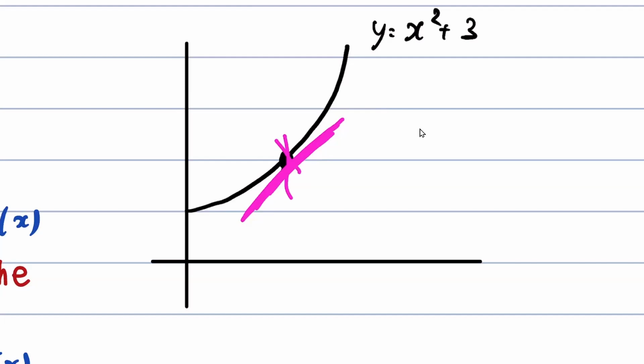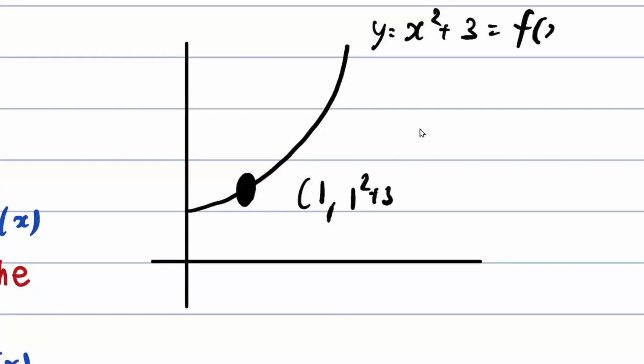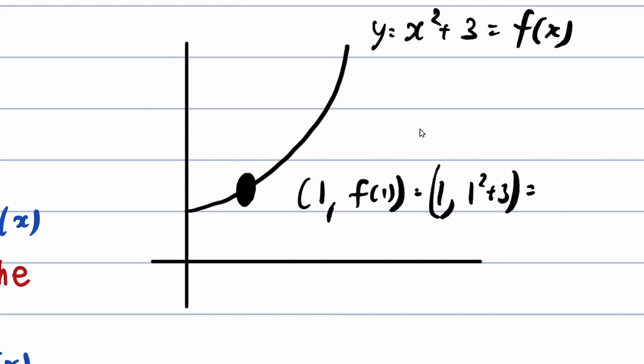The basic idea behind this, before you proceed to mindlessly memorize all those formulas, is, let's say this is a point (1, 1 squared plus 3). Or you can use f of x notation, then this will be f of 1, which is 1 squared plus 3, which is (1, 4).